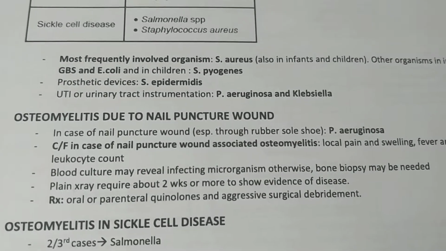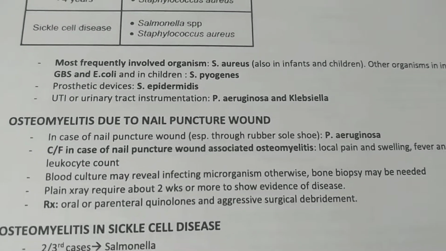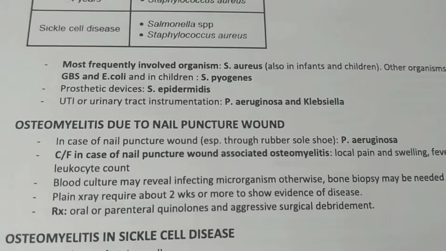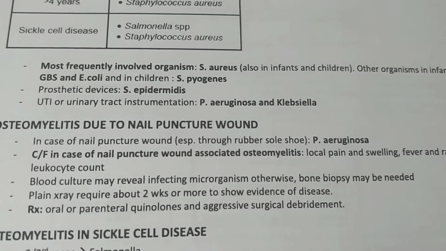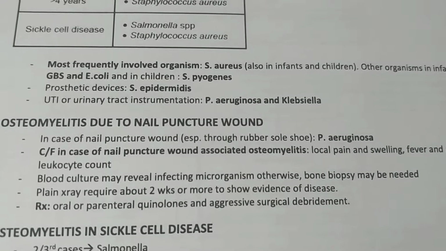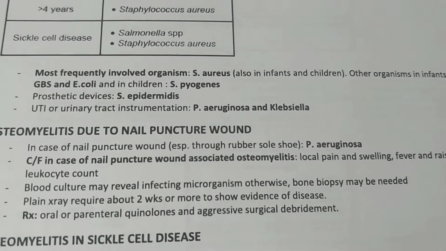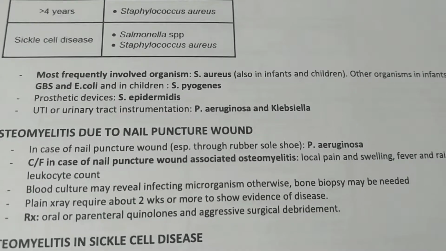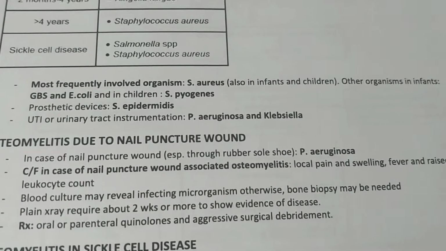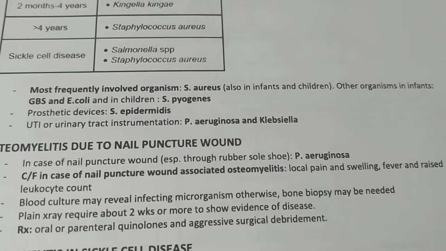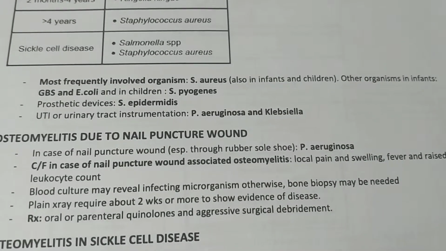If we want to do it earlier by radiology, we have to do an MRI. So 3 main investigations. One is CBC along with ESR and CRP, and the second is blood culture, and if blood culture is not so revealing, then bone culture, and the third is radiography, plain X-ray in greater than 2 weeks, or MRI.